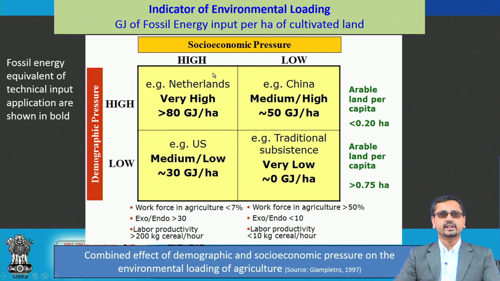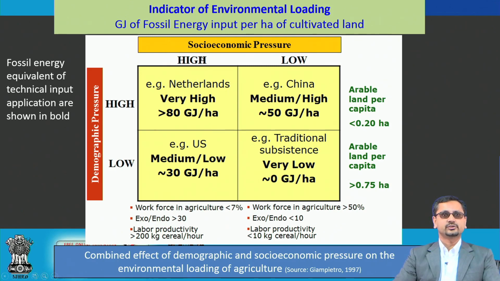At the intersection of these two pressures, the socio-economic pressure is high and the demographic pressure is high. An example country for this kind of situation is the Netherlands, where the fossil fuel equivalent of the technical input application, shown in bold font, is very high, and the energy input is more than 80 gigajoule per hectare.